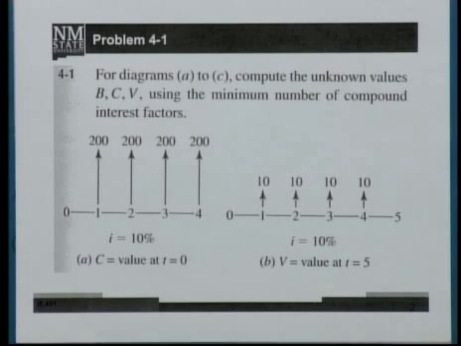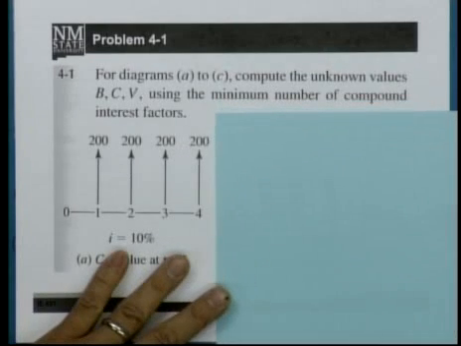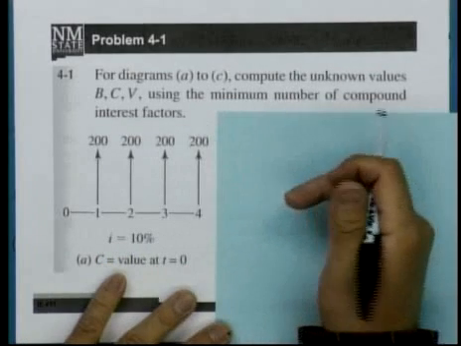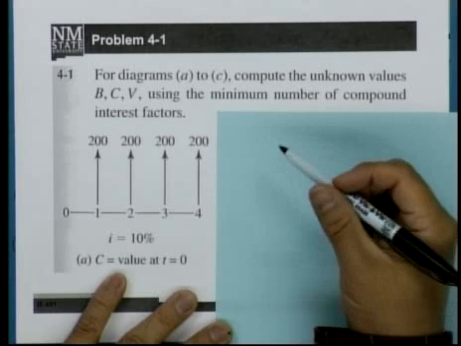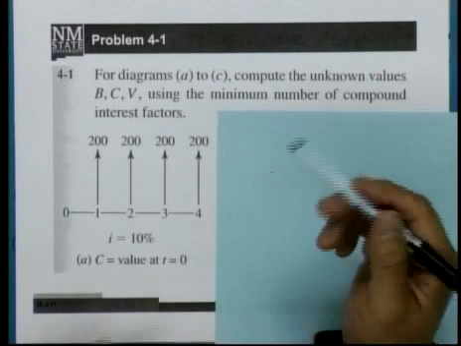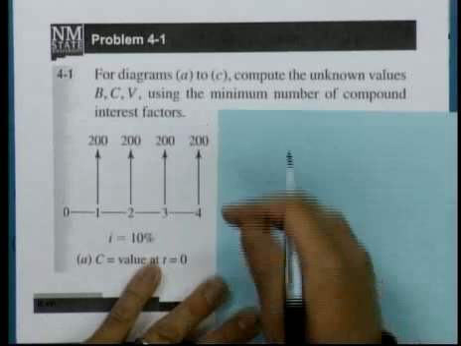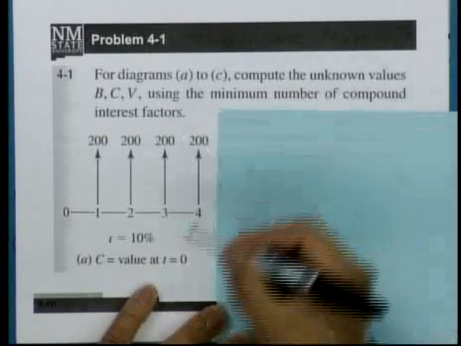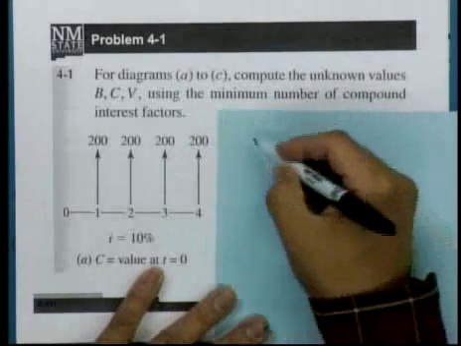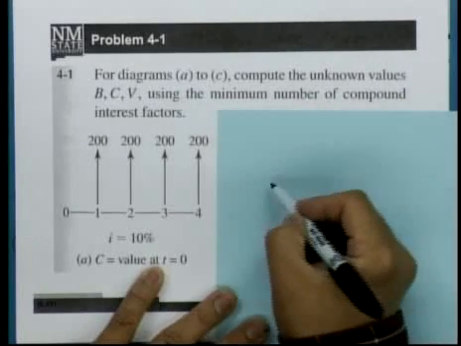So let's work on the first problem, A. So here we want to determine the present sum P. Let's say P equals C, right? So let me redraw the cash flow diagram.